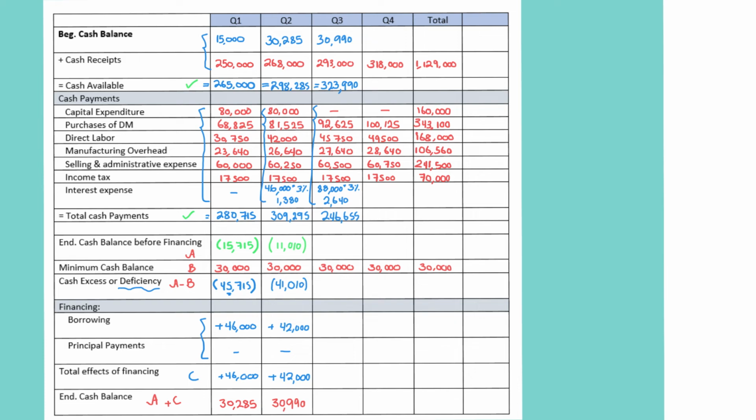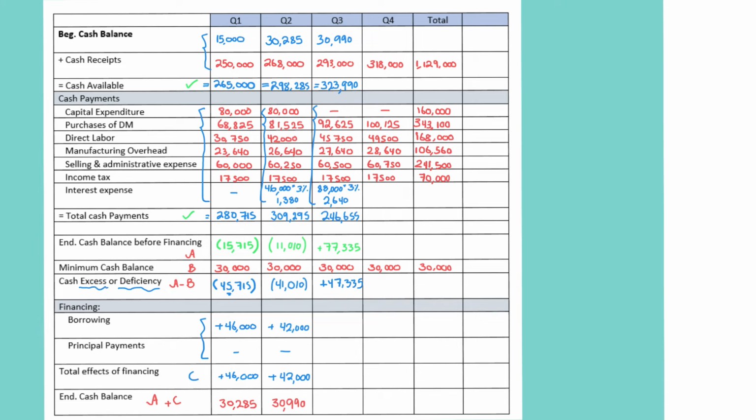So I got a positive answer, which is positive 77,335. My cash available was greater than my payments, so I'm above the minimum by the difference. So A less B equals positive 47,335.